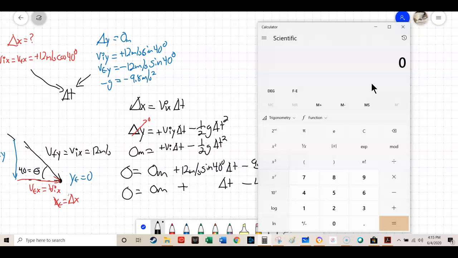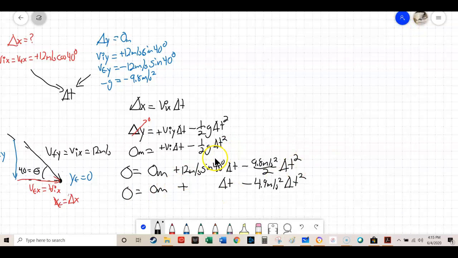Okay, let's try that again. 12 meters per second times sine of 40 degrees equals 7.713.